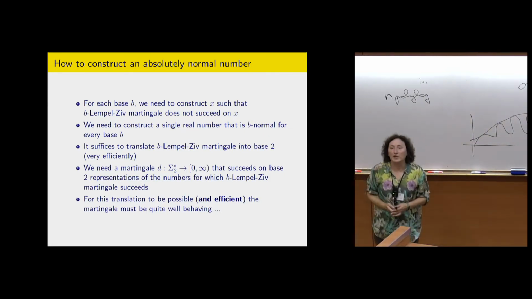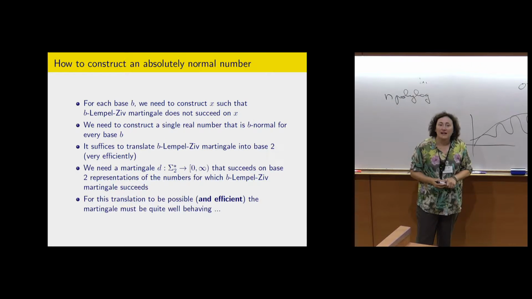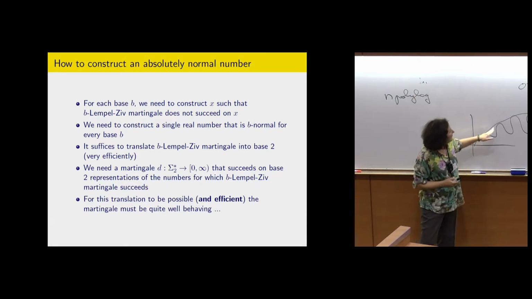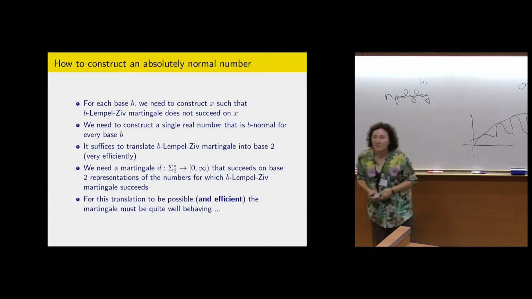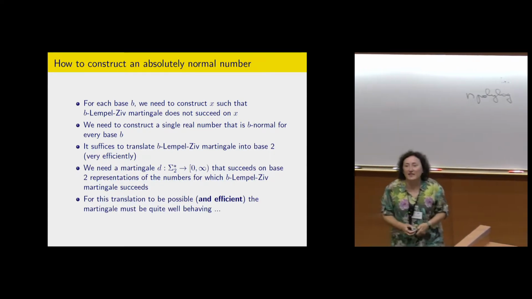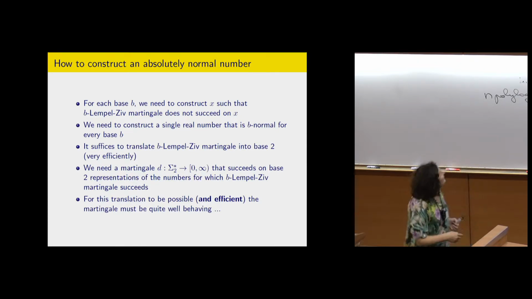But then when you try to translate it into a different base, this is going to be pretty problematic. How do you change coverage from base 2 to base 3 because of this limsup behavior? So all this, mixed with the idea that I want to keep time bounds very low, makes this construction slightly more complicated.